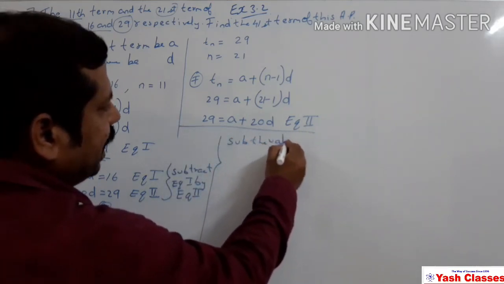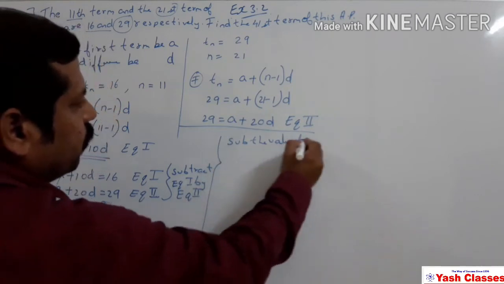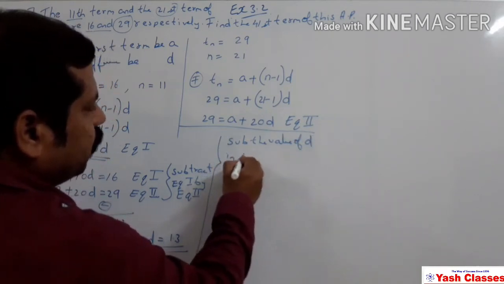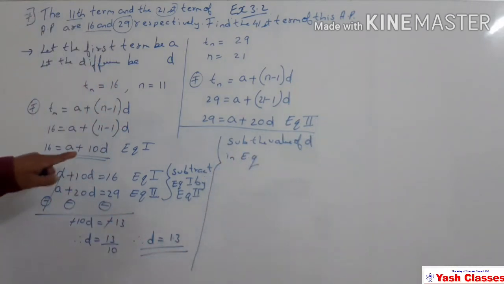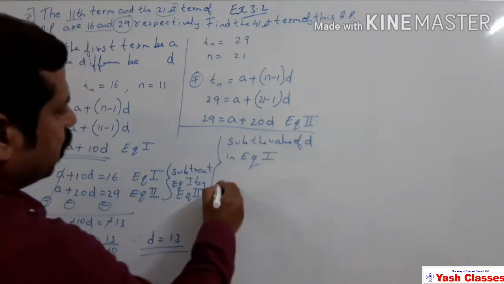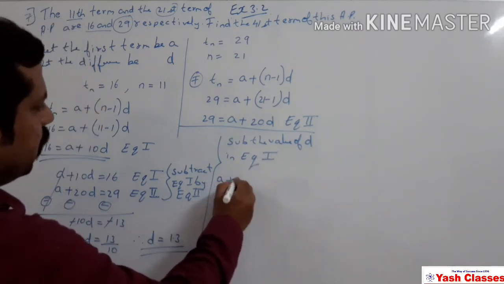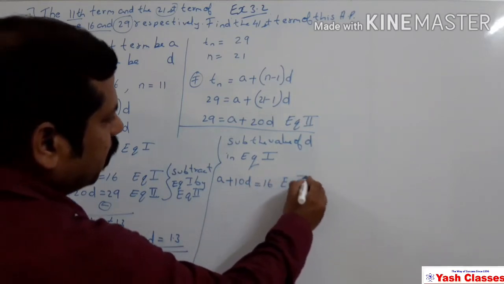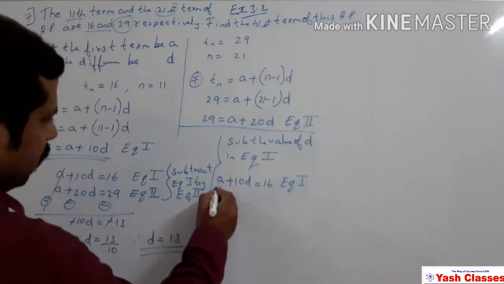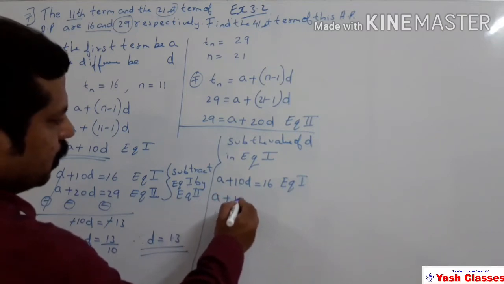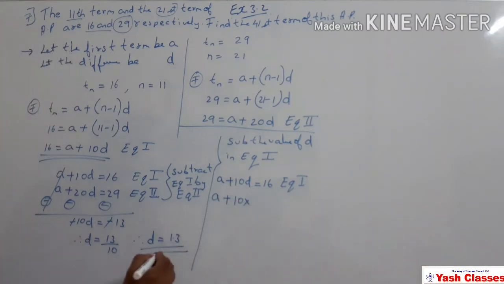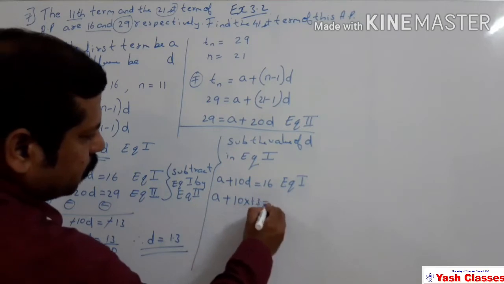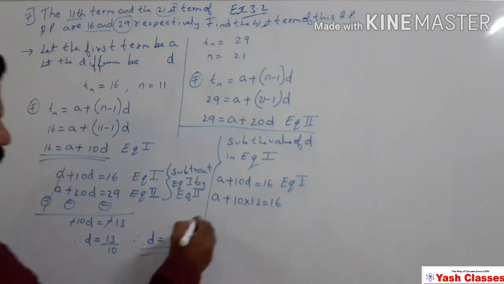Substitute the value of D in equation number 1. A plus 10D is equal to 16. A we don't know. 10 multiplied by D, D is 1.3, is equal to 16.